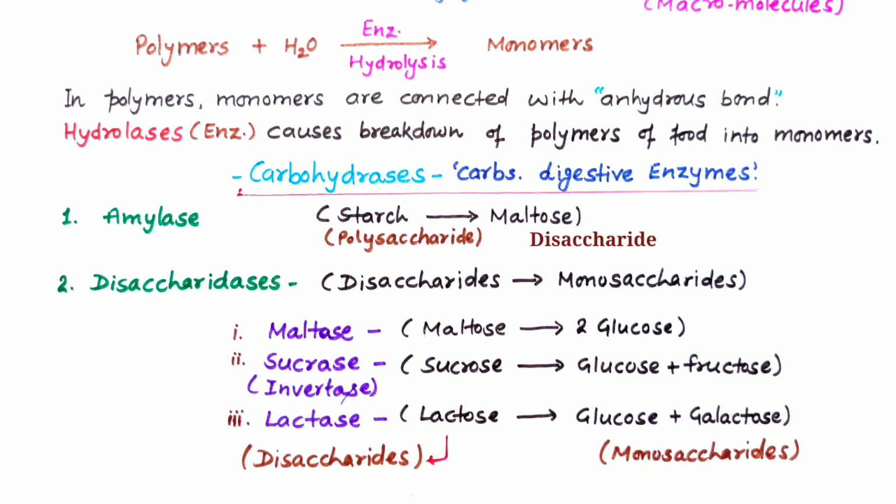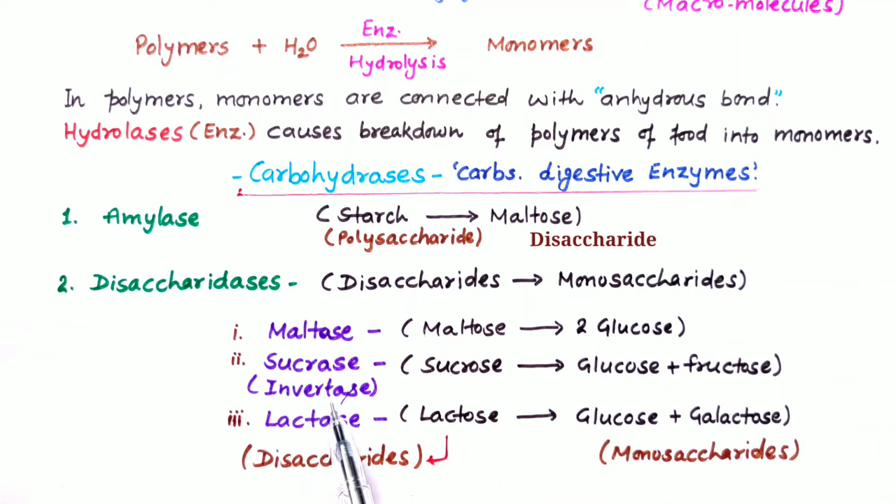Now the disaccharidases are responsible for conversion of disaccharides into monosaccharides. There are 3: maltase, sucrase or invertase, and lactase. Maltase converts maltose into its monomers, 2 glucose molecules.